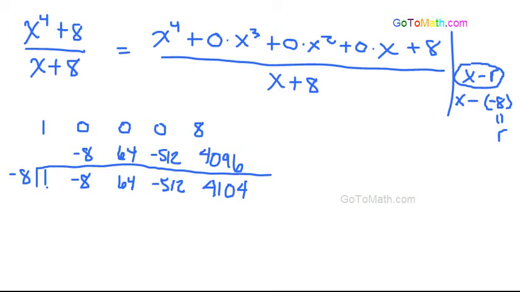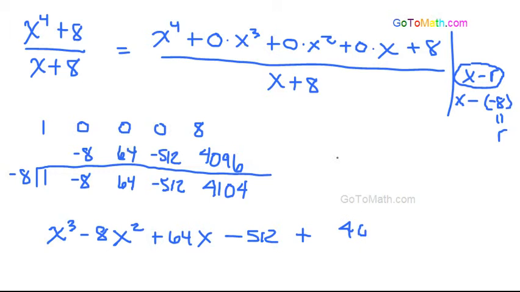Okay, so here we go. We started with an x to the 4th, so we'll reduce that by 1. So that'll become 1 times x cubed minus 8 times x squared plus 64x minus 512, and then plus 4104 over x plus 8.